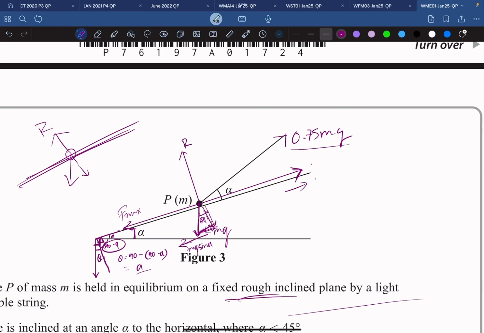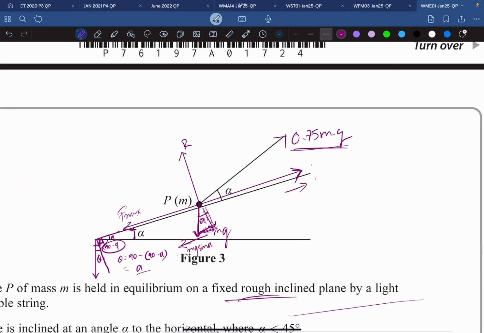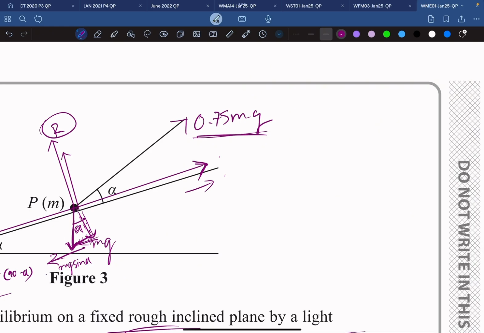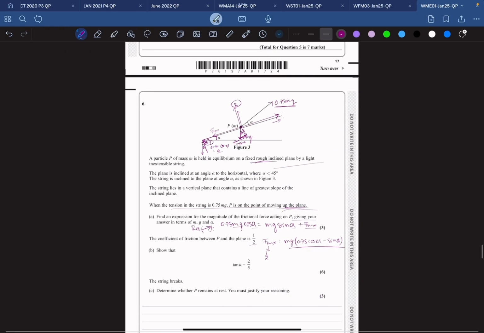Only then is reaction equal to mg cos alpha. But now you can see that there is an extra force here, 0.75 mg at an angle to the slope. That would create a component perpendicular to the slope, and then R no longer is equal to mg cos alpha. It's going to be something different. That's what we're going to have to find out.